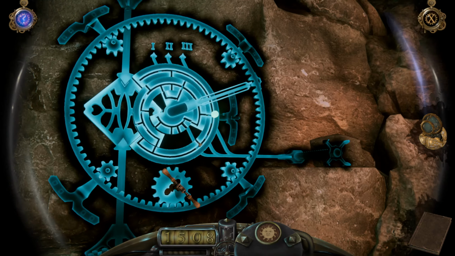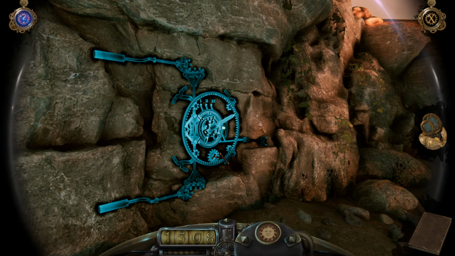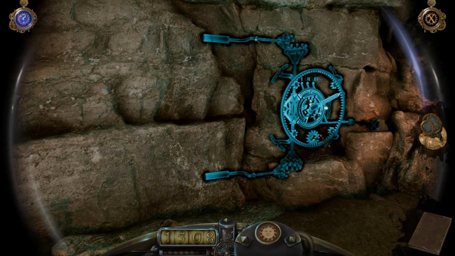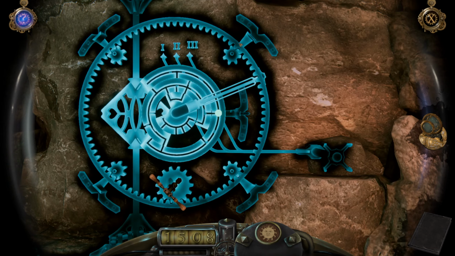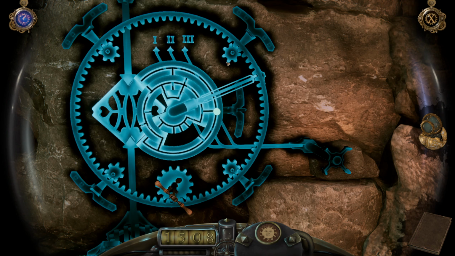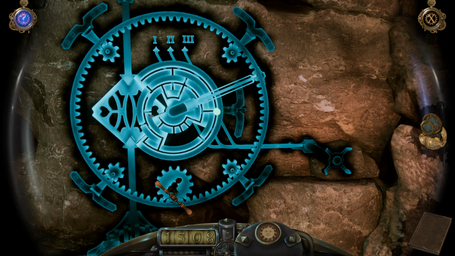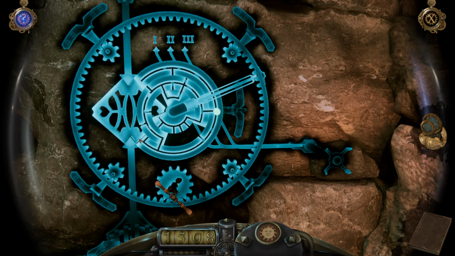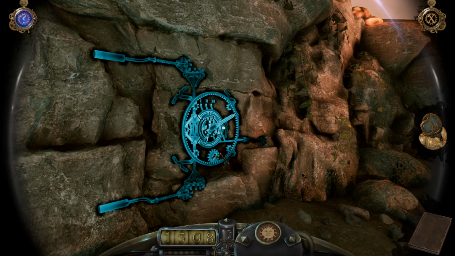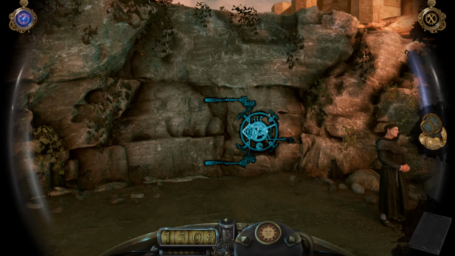How do I manipulate those? Yeah, okay, hold on. So these are pinned into the door. So we need to make... We need this to activate. We need these to catch this and push it. Rotate it.